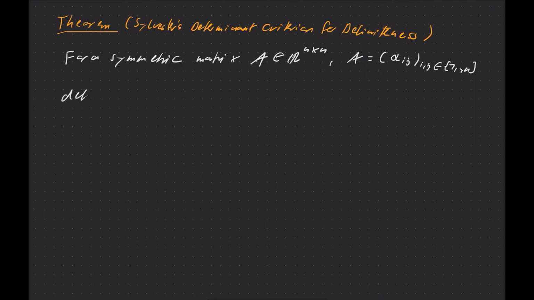For this matrix, we define submatrices that we call A_k, and those are defined as the matrix alpha ij, where i and j vary from 1 to k instead of from 1 to n.